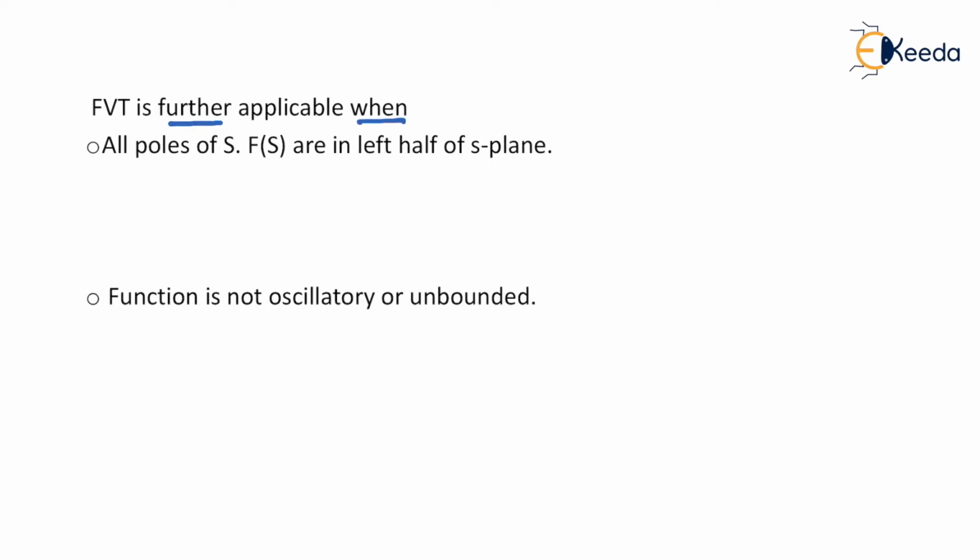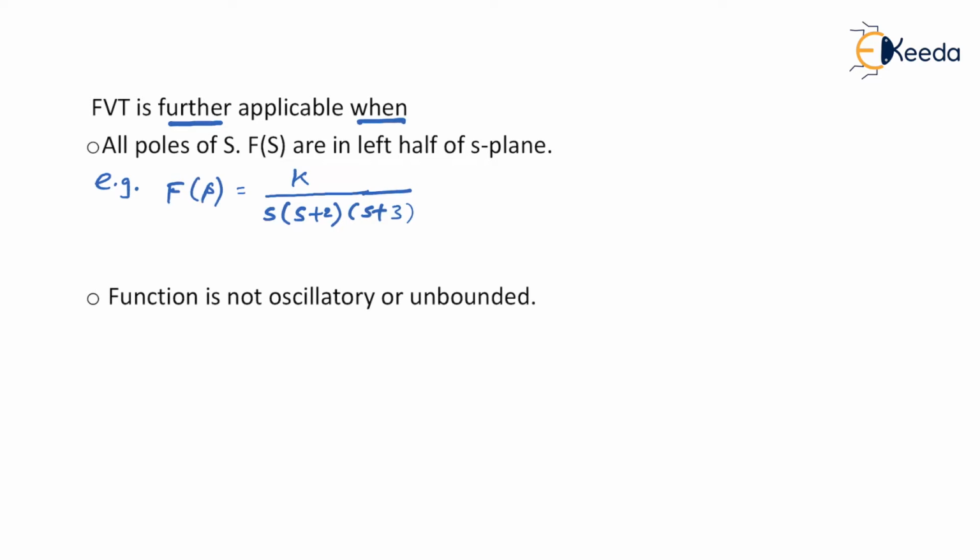Let's see the very first condition. All poles of s times F(s) are in the left half of the S-plane. For example, let us assume F(s) is equal to some constant k in the numerator over s into (s plus 2)(s plus 3).